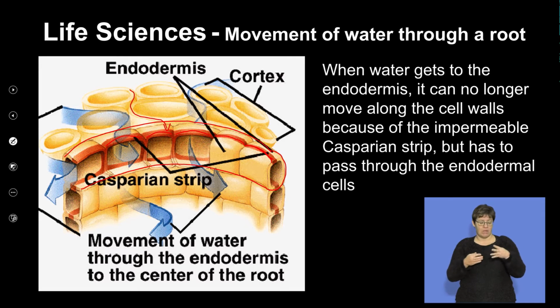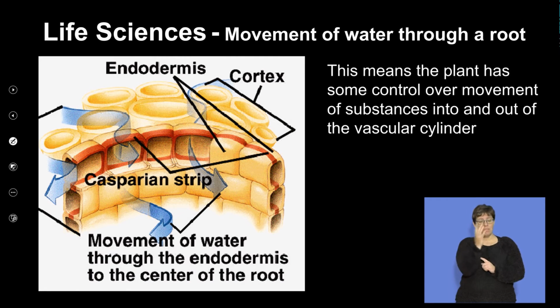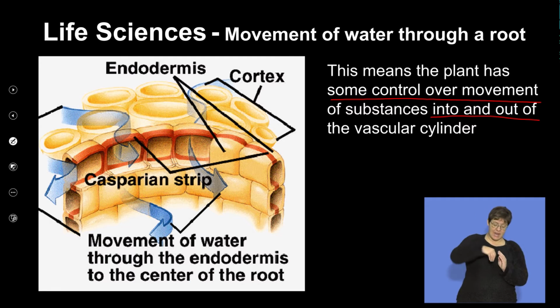It's got to go through the cell. And that gives the plant some sort of control. Okay, so that's important. It gives the plant some control over the movement of substances into and out of the vascular cylinder.